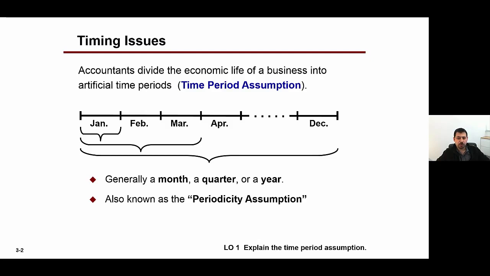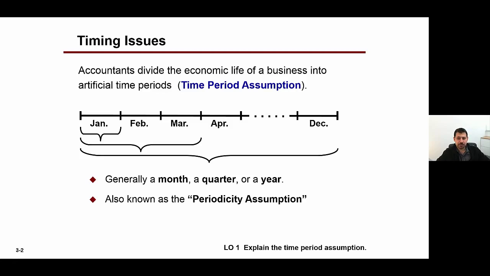Now, the problem is that using these accounting periods requires some kind of adjustments, especially when we have events that roll over into the following accounting period. Say, if you pay something in advance.